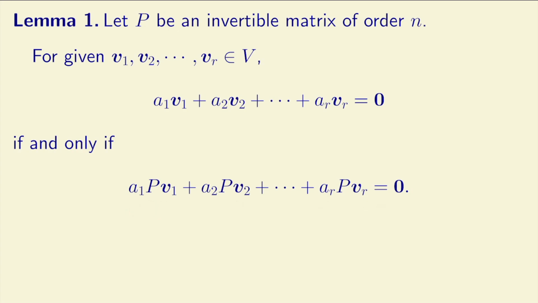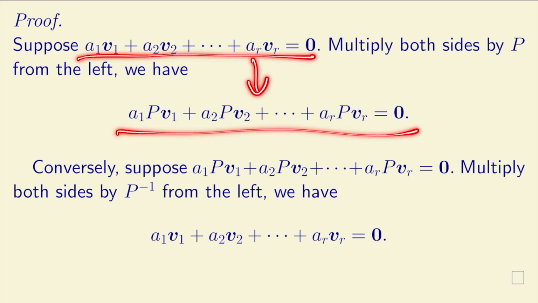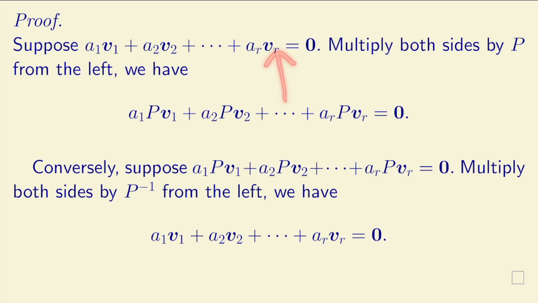Why is that important? The proof on the next page shows why. It's because P is invertible. We can multiply by P to go one way and multiply by P inverse to go the other way. Oh, I see. It's an if and only if statement. So P doesn't change the linear independence of the vectors.